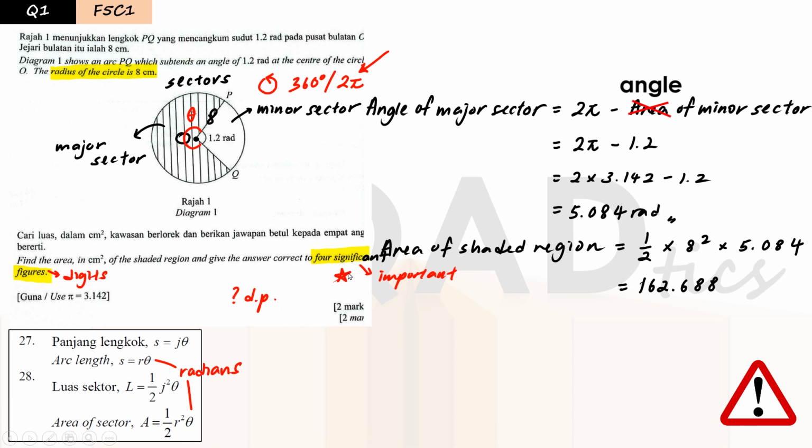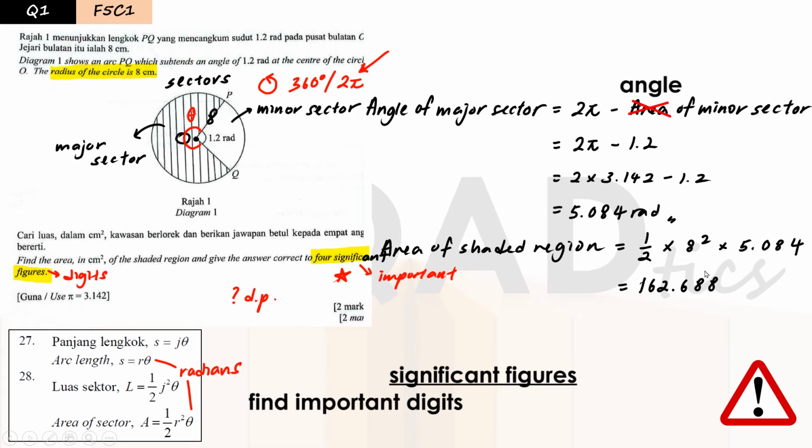So from our value, what are the top 4 most important digits? And from the 4 digits itself, we need to see how many decimal places it has. Let me repeat: 4 significant figures means 4 important digits, so in our value we need to see which are the top 4 important digits, and how many decimal places it has.